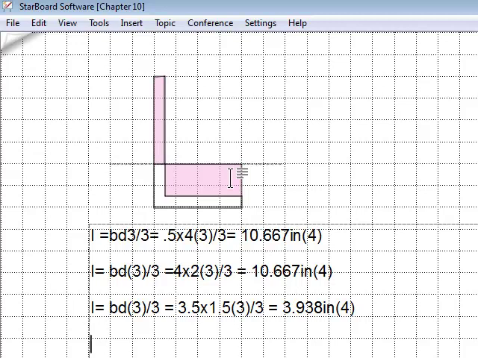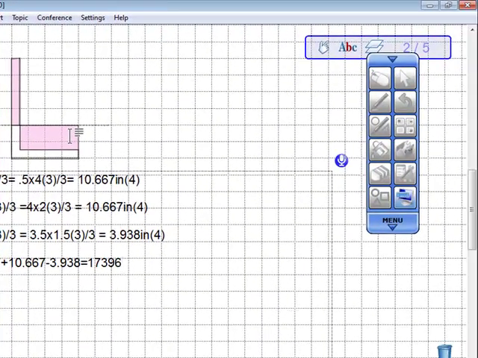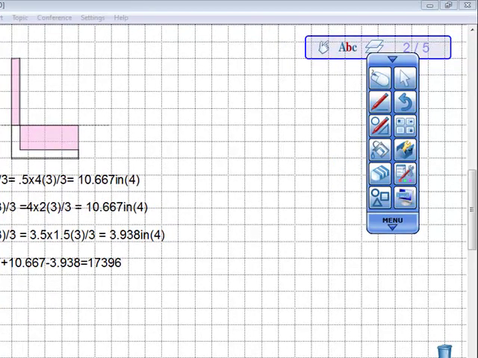So then to figure out the total moment of inertia, you just say 10.667 plus 10.667 minus 3.938 is going to give you 17.396. That way you figure out the moments of inertia for the littler ones, and then you add and subtract to get the whole thing.